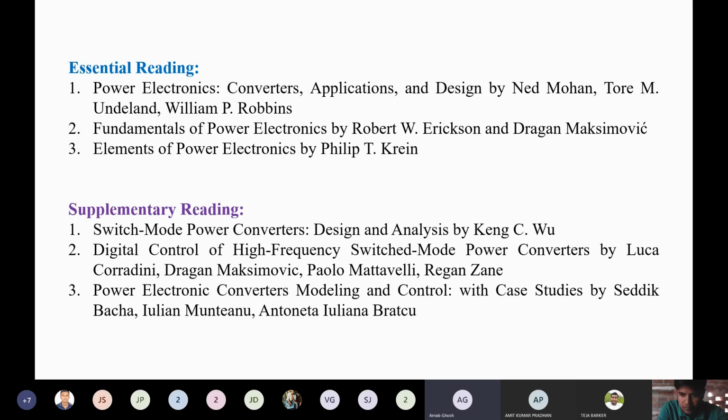In our laboratory, for designing switching converters, we use MOSFET and IGBT. In DC converters especially we use MOSFET.